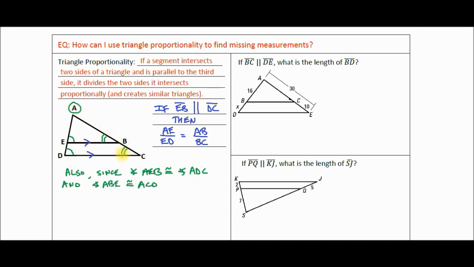These two angles are congruent because they are corresponding angles, and that's why we can say angle AEB, this one right here, is congruent to ADC, and ABE is congruent to ACD. We know this because of the corresponding angles rule.